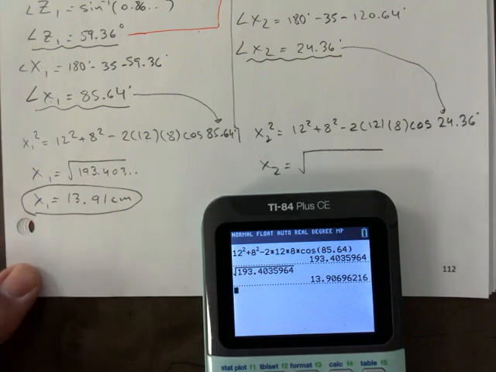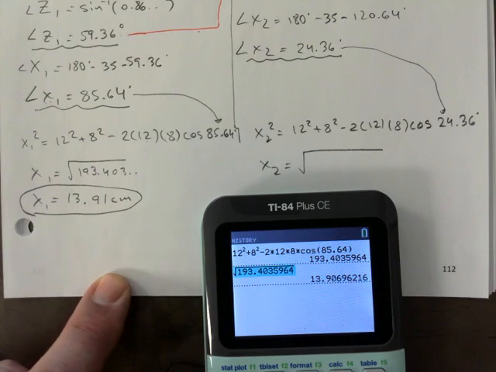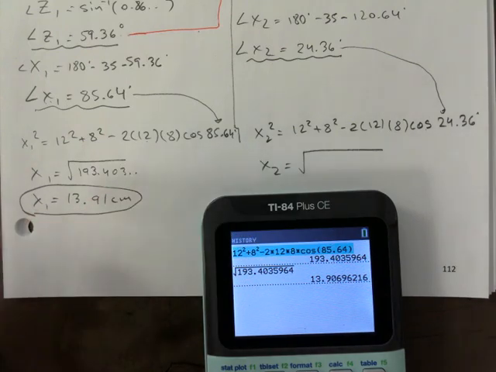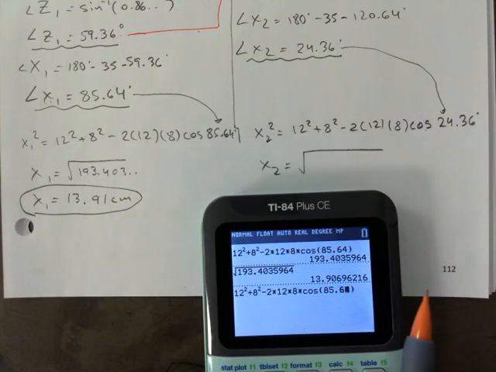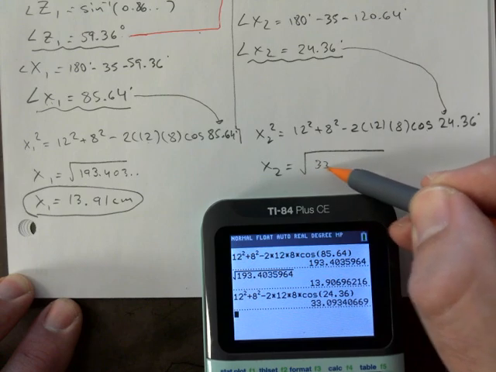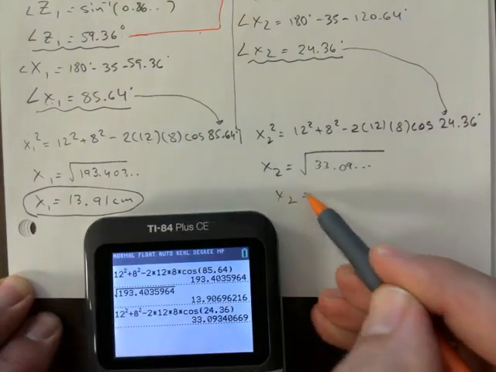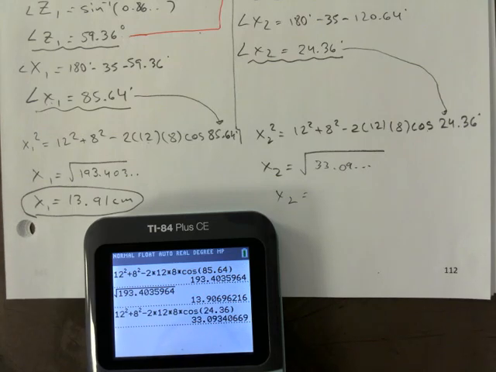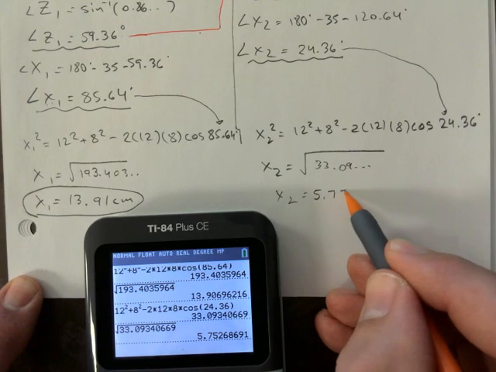That's always a good sign. And watch what I do now. I copy paste this entire expression, and I just go to the angle and change that to 24.36. And so that gives me 33.09 something. So X2 is just taking the root of that. Don't forget to take the root if you're using cosine law.